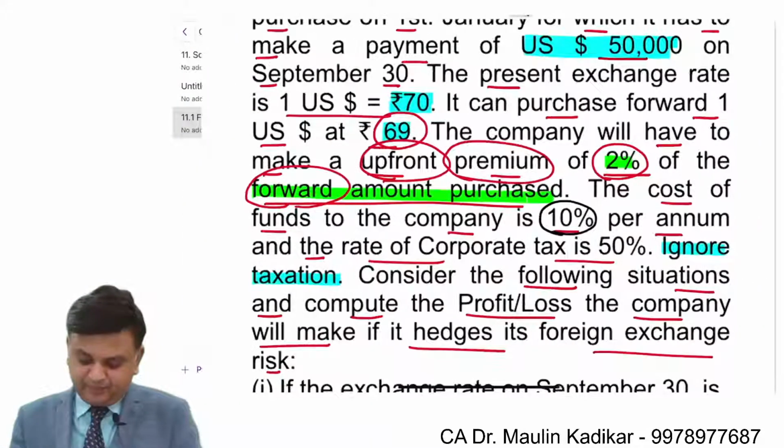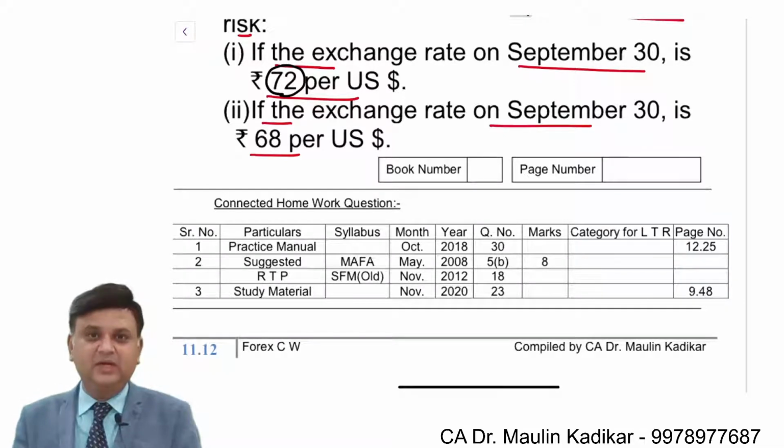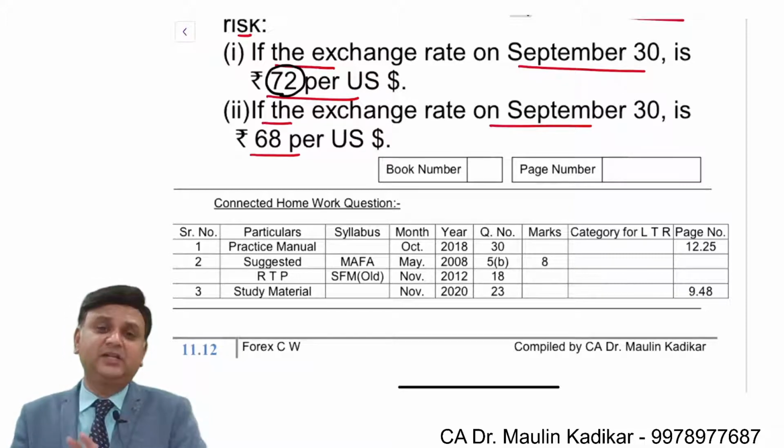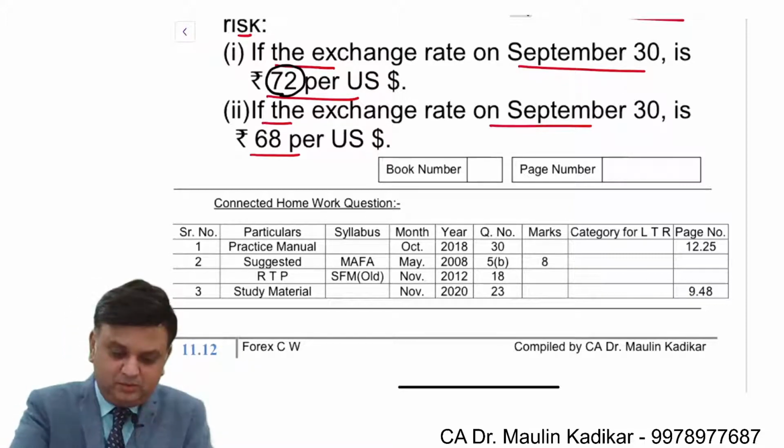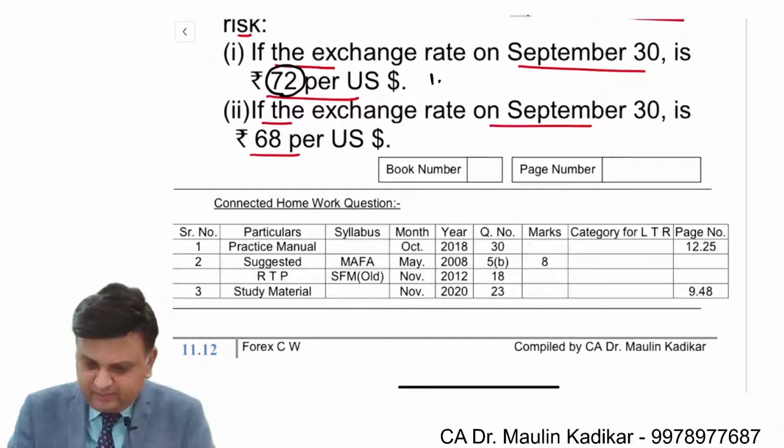Now if the actual exchange rate is 72, I feel that I am very lucky. I am able to purchase the dollar at 70.4835. So 72 minus 70.4835, I am able to save 1.5165.